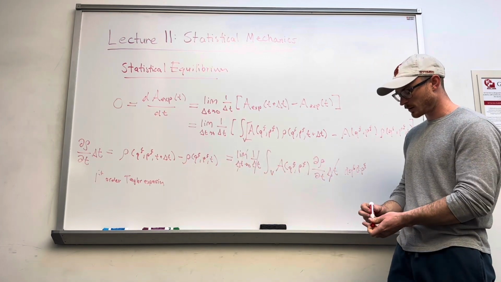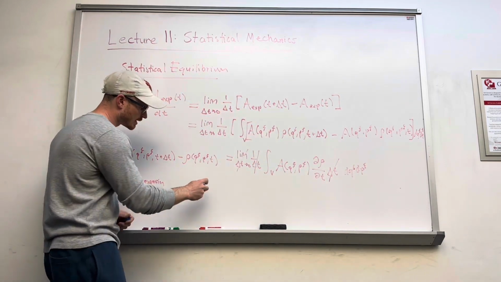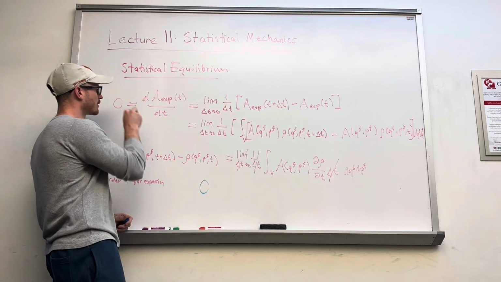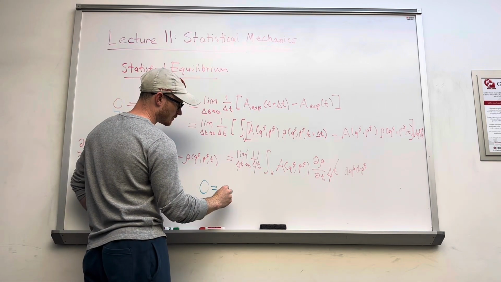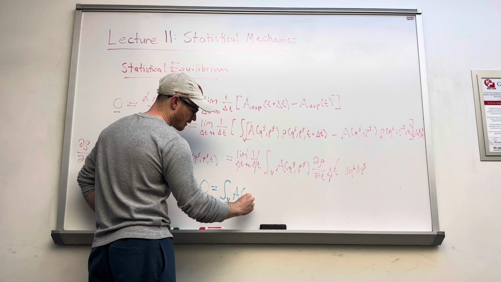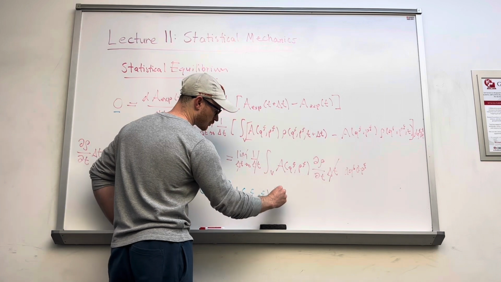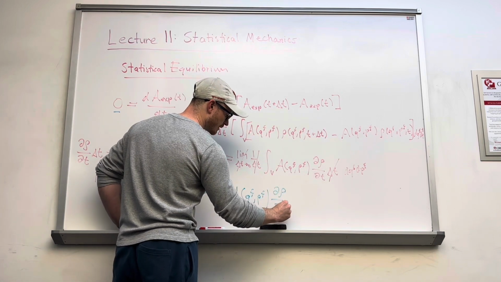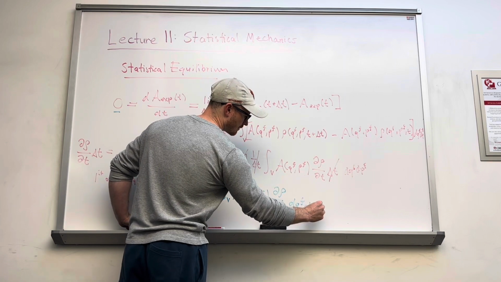And what we're left with at the end of it all is that 0, remember because we have 0, is equal to this integral over the phase space of A of q_f p_f partial rho partial t dq_f dp_f.